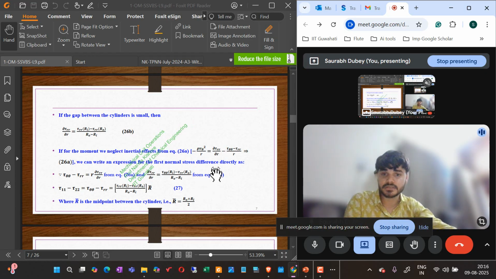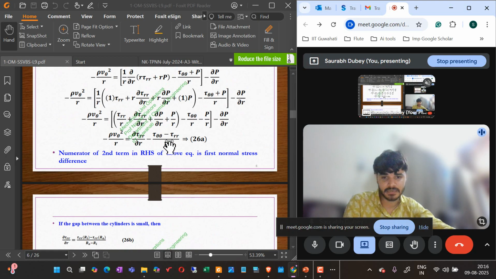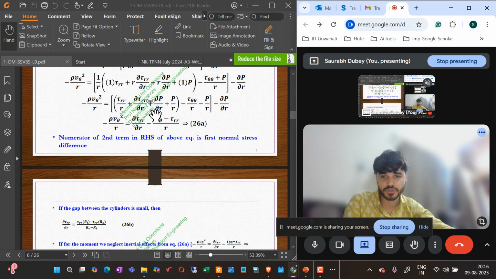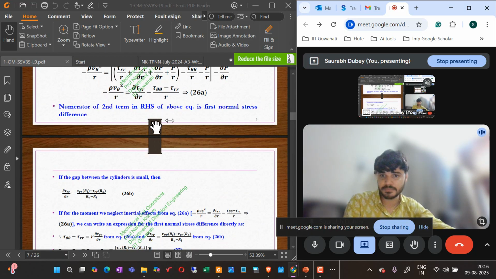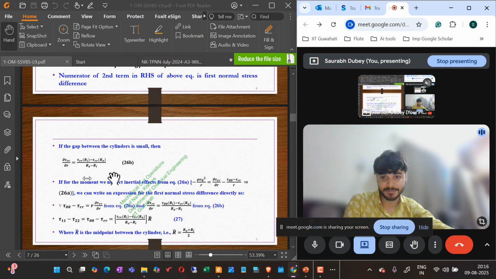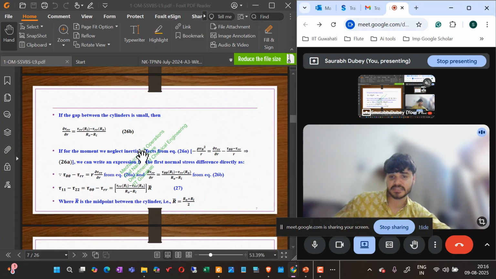And then minus rho V theta square by R equals del tau R by del R, this term. Comparing this here, the first term of this theta component of the momentum equation is going to give you the second term, the first normal stress difference, but the first term can be written like this because the gap between the cylinders is small.